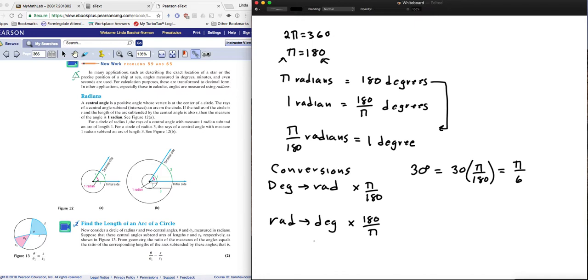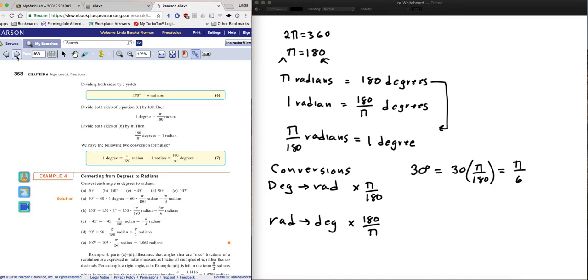Radian measure is written either as a decimal or as a fraction multiple of pi. Exact values are written as fraction multiples of pi. Now, there are a few of these that you're going to need to have memorized, and we're going to build up that library in just a minute.